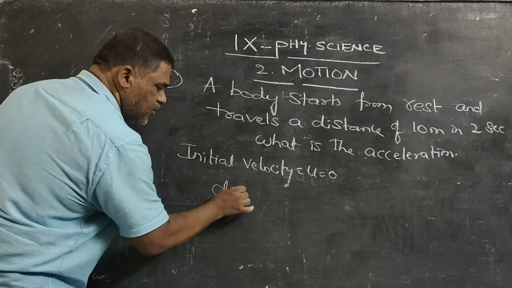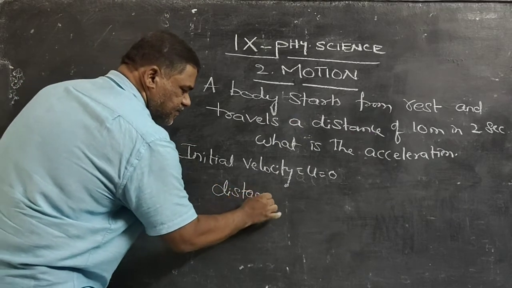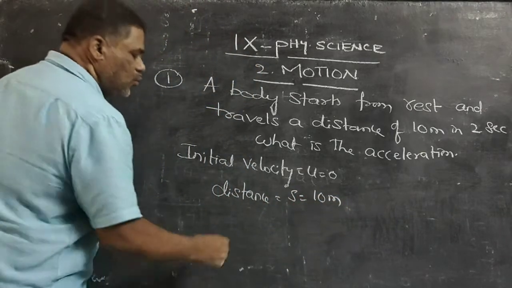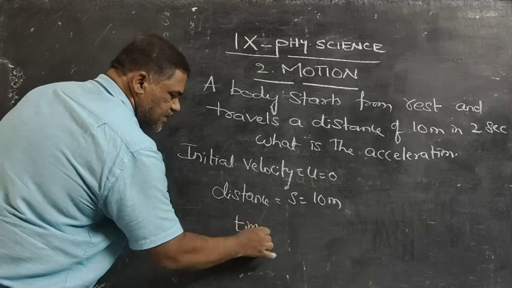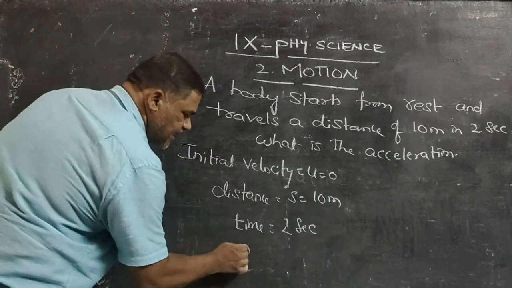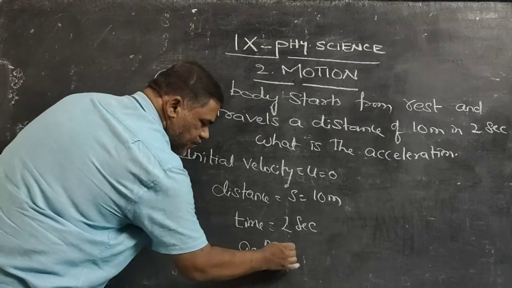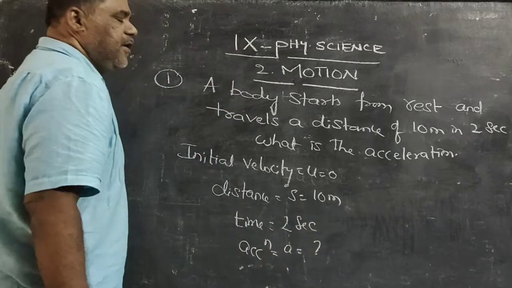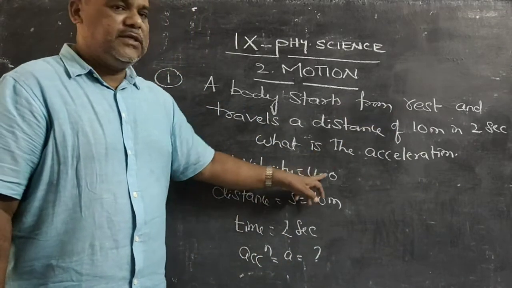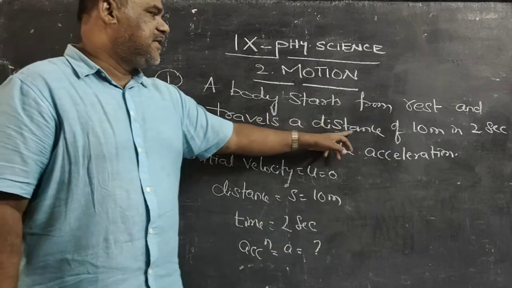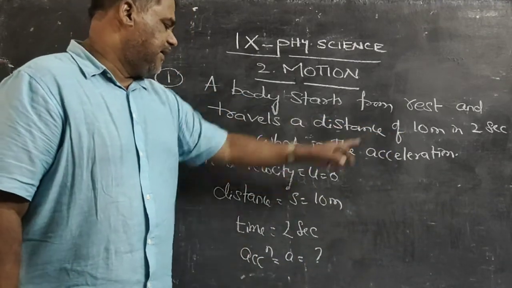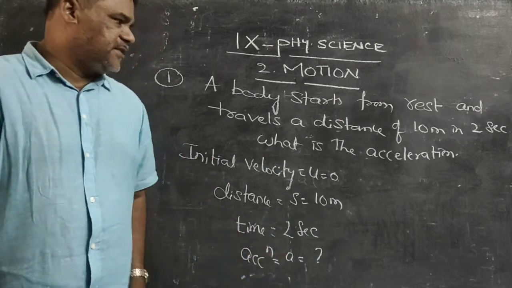Distance S is equal to 10 meters, in 2 seconds, time is given as 2 seconds. Now we should find what is the acceleration produced. A we have to find. Initial velocity U is 0, distance S is equal to 10, time is 2 seconds, we should find out acceleration.